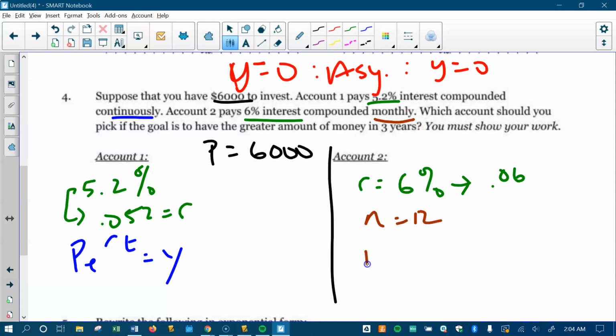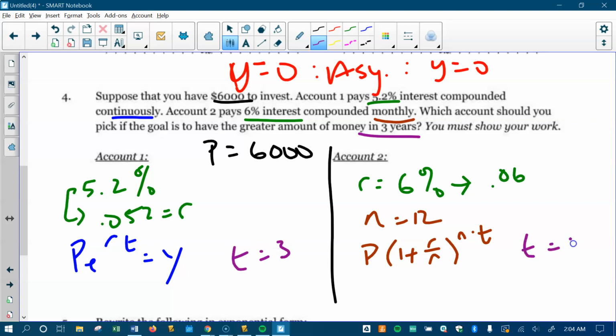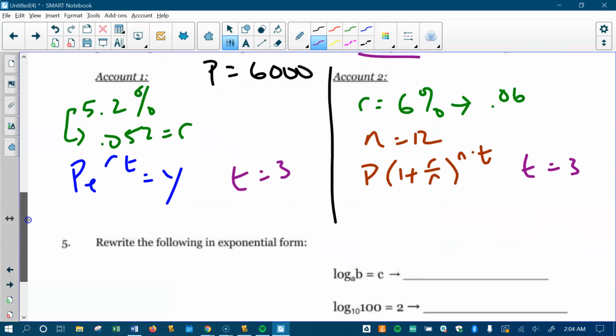And I have to use this formula, 1 plus R over N, in parentheses, to the N times T. My time for both of these is 3 years. T is 3 and T is 3. So let's plug it in and see which one is going to get us more money.